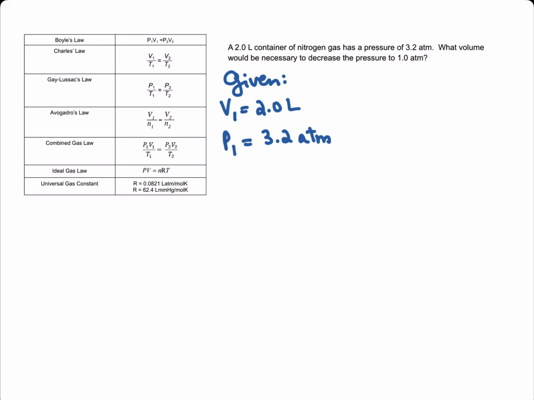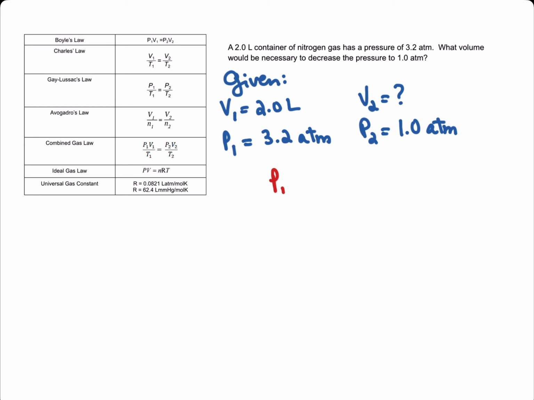And then it's asking what volume, so that is my second volume, would be necessary to decrease the pressure to 1.0 atmosphere. So my units of pressure are the same on both sides of the equation. That's good. So let me try to find a law that relates pressure to volume. And that law is Boyle's law.